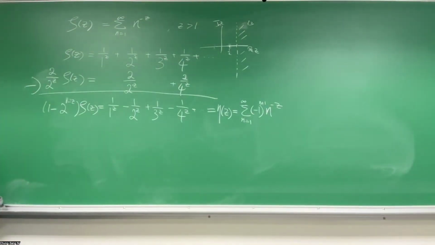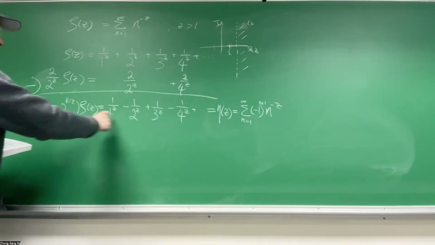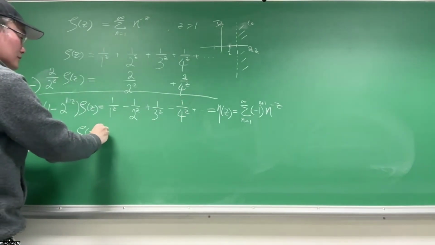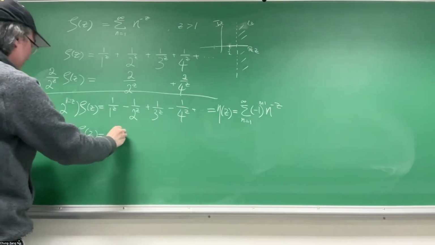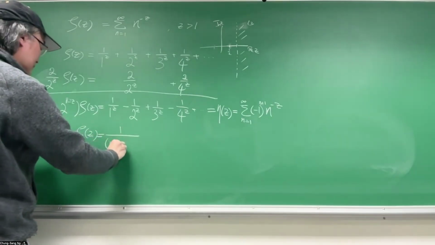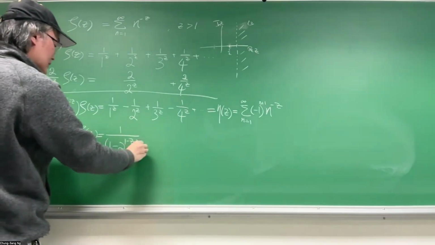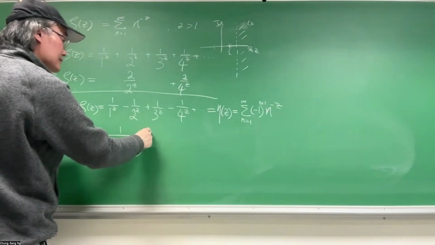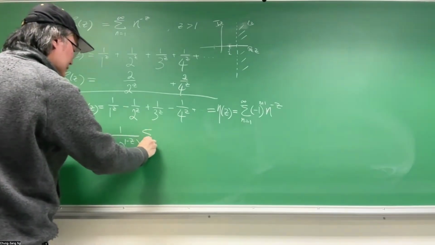And then by this equation, you can define zeta z equals 1 over 1 minus 2 to the 1 minus z, times this summation.